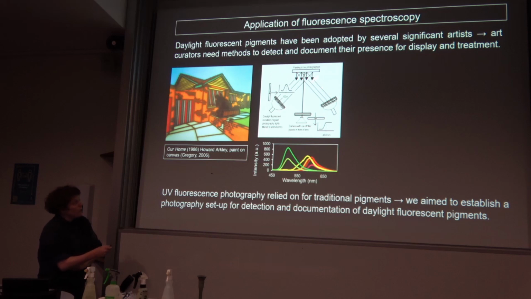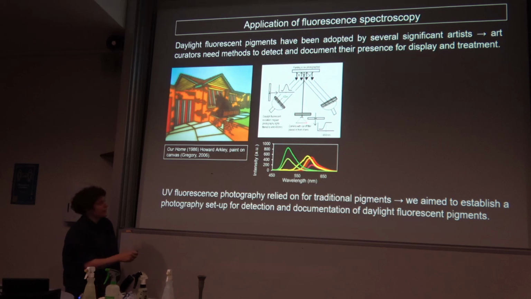And if we know where they emit, so you can see here the emission spectra, they emit between 450 and 650 nanometers, we can set up a filter system where we put our source of light, a filter in front of it that exclusively emits light at the wavelength that they're excited at. And then in front of the detector, or the camera in this case, we put a second filter that selectively selects these emission wavelengths and blocks any reflection from the excitation source on the painting.